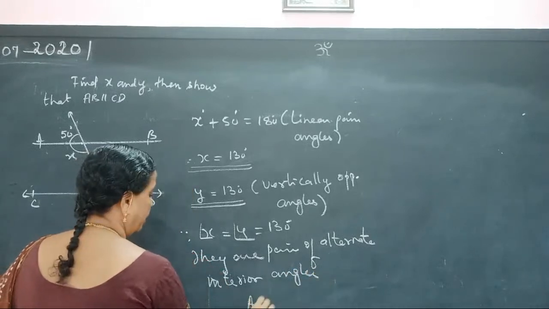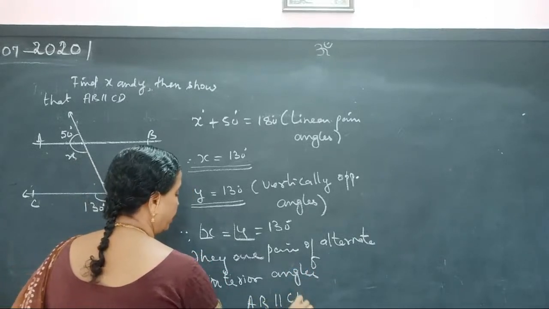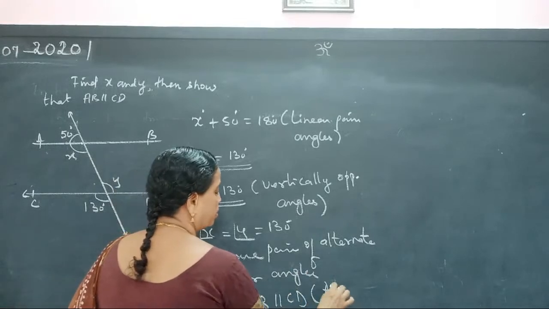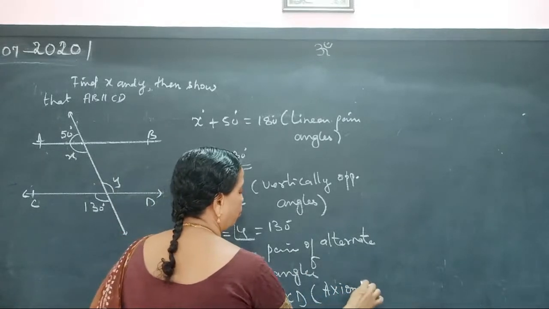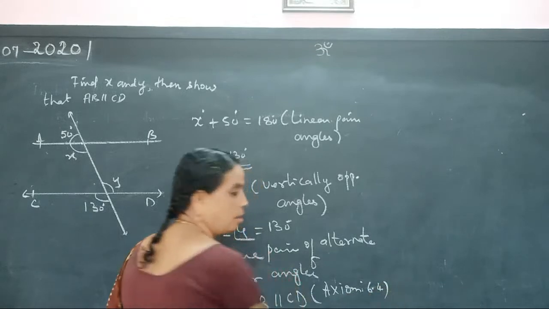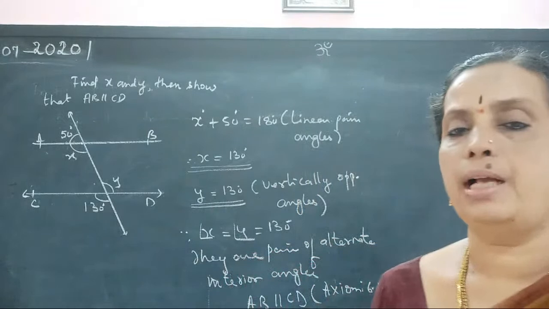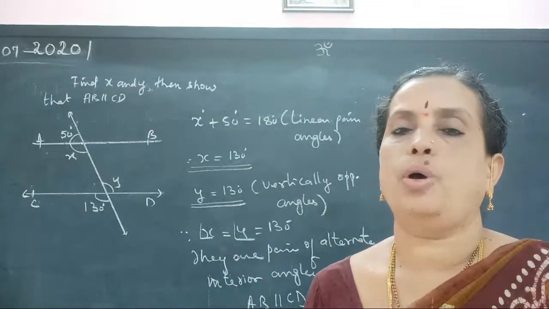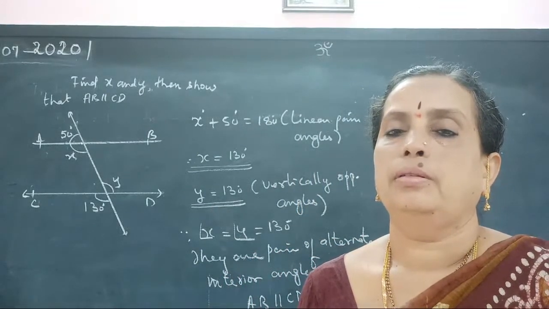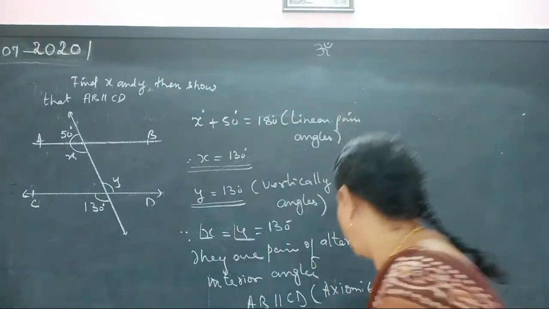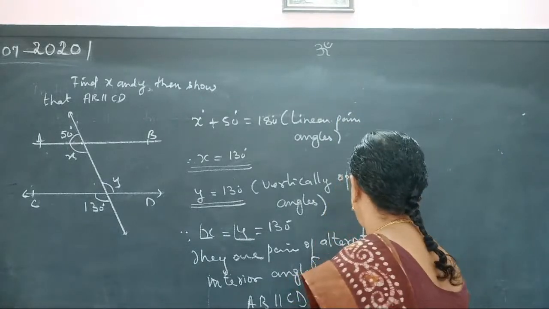Therefore, AB is parallel to CD, axiom 6.4. According to axiom 6.4, if the alternate interior angles are equal, the lines are parallel. It's not axiom, it is theorem 6.4.